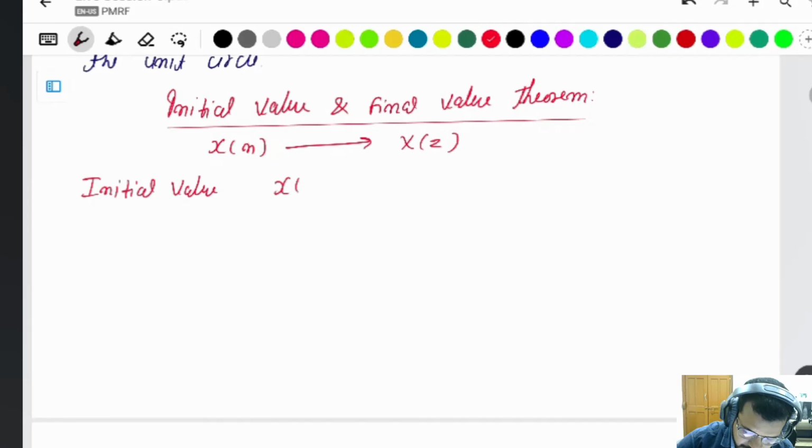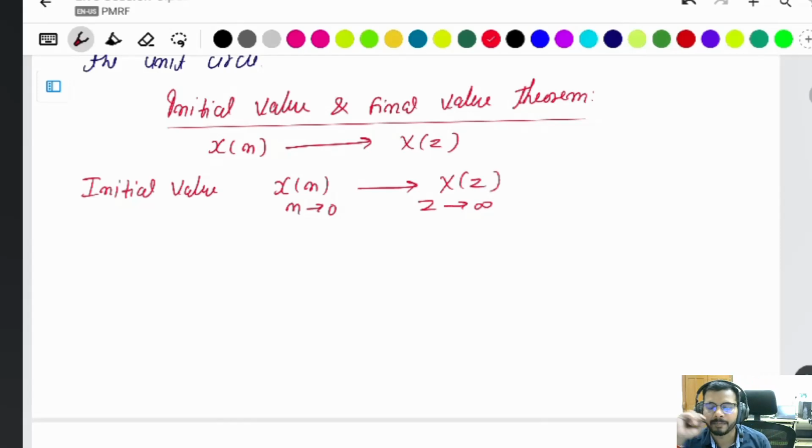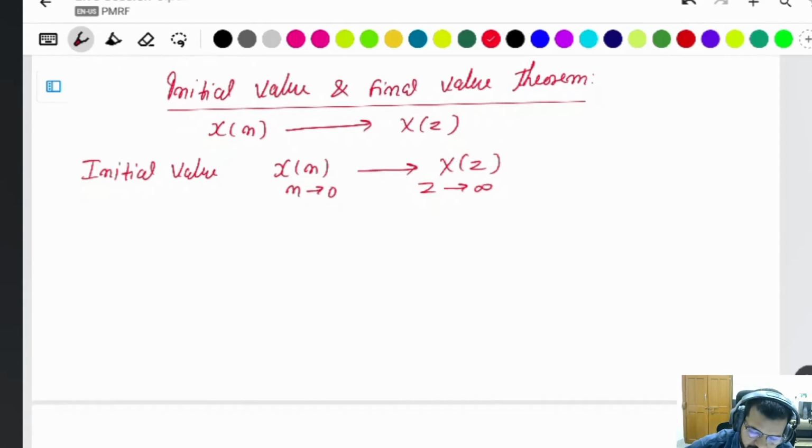In the time domain, n tends to 0, and in the frequency domain, z tends to infinity. Simply put infinity; nothing else has to be done. But it is applicable only for a causal system.